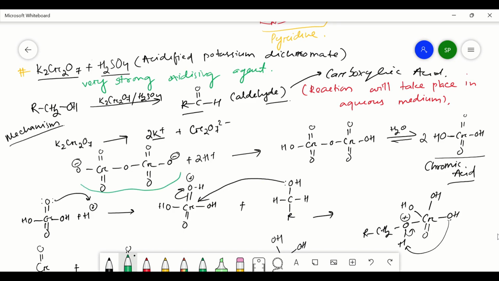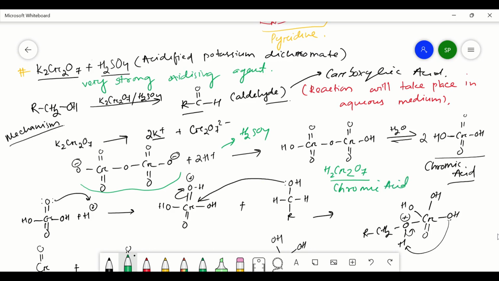When 2H plus is added, this H plus is from H2SO4, this forms chromic acid. We can say H2Cr2O7. This is chromic acid.